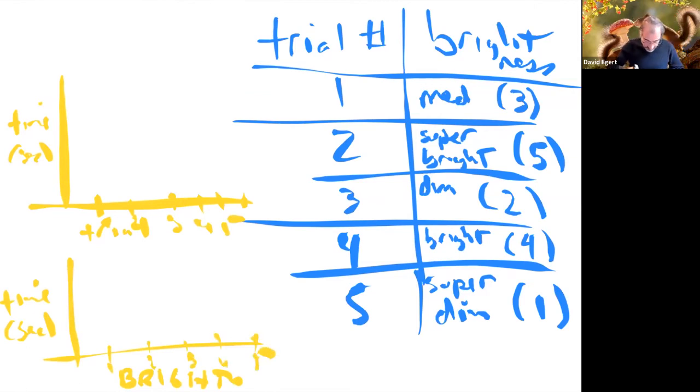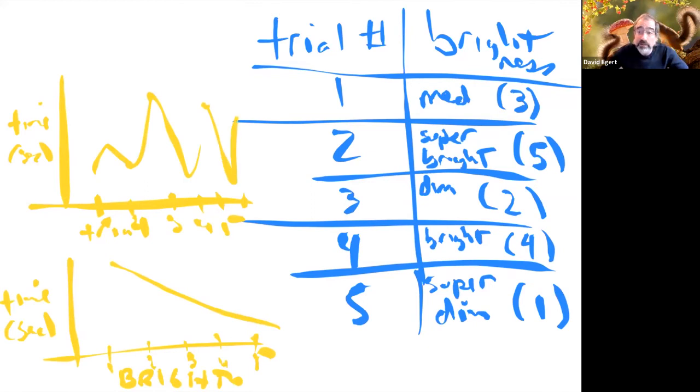From like 1, 2, 3, 4, 5. And one of them, assuming one is important, is going to show a clear pattern and the other one's going to look all weird, right? So I now have disconnected brightness from trial number. I can say for sure that if we look at it just in terms of how many times they've done the task, it wasn't getting better.